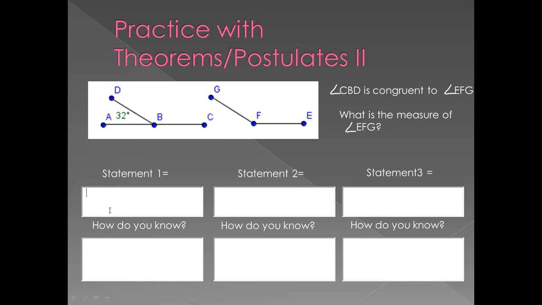What do we know about these two angles right here? They are supplementary. Straight line, good. What do we call that? What kind of angle pair are they?